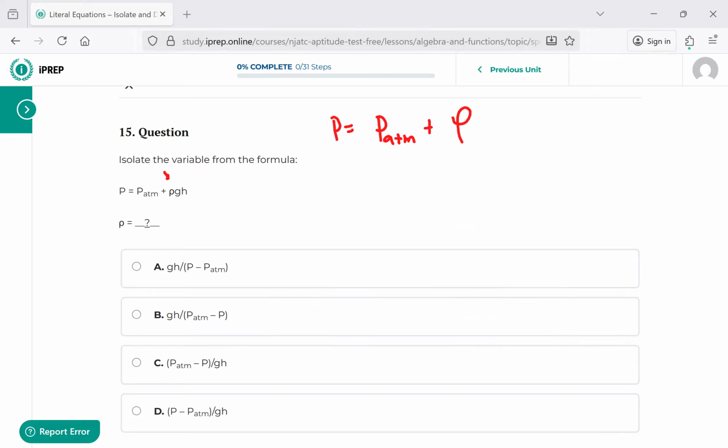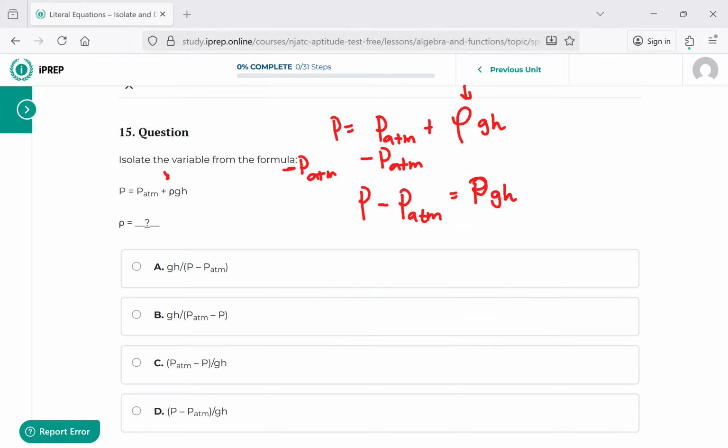GH. So we've got to solve for this. So first I would subtract P ATM. So you get P minus P ATM equals sigma GH.